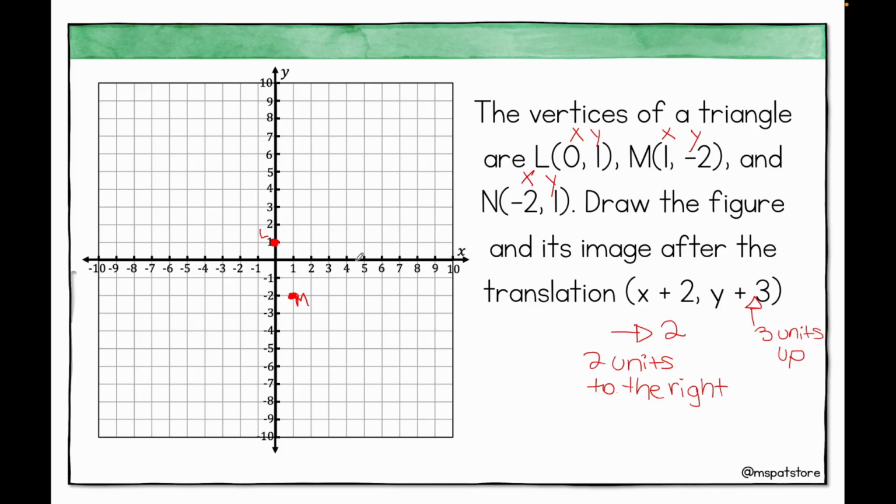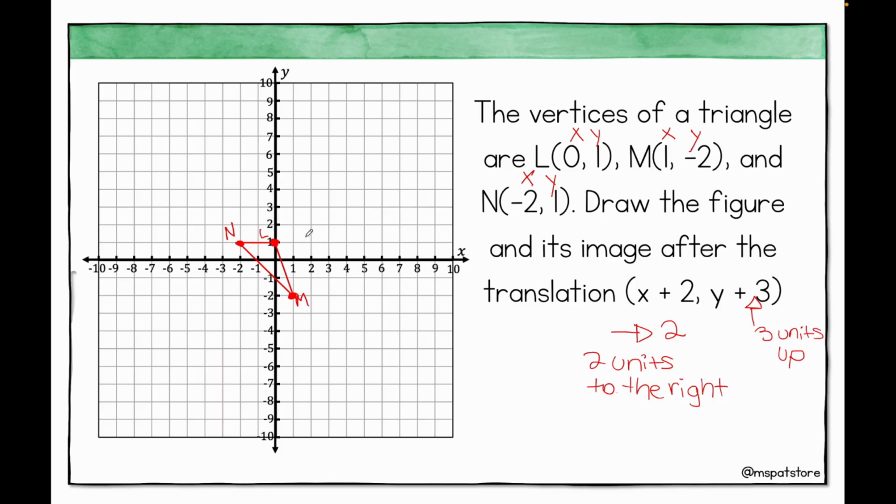It's over here. So here it is, N. Now I would like you to connect these dots. All right, so this is the way that your triangle should look like.